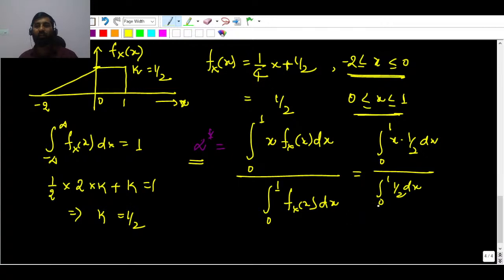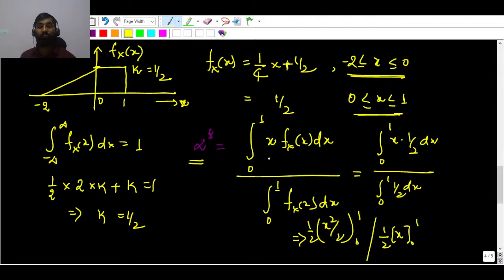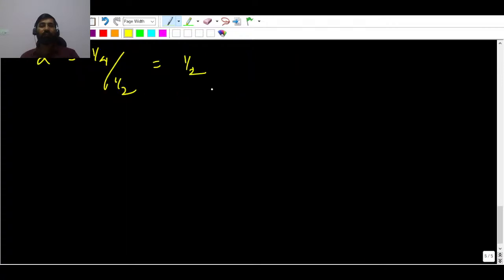If you compute this, you will get x square by 2, 1 by 2, from 0 to 1, because if you integrate x, you get x square by 2, which is 1 by 2, and this is 1 by 2, right? So 1 by 4 divided by 1 by 2, that is 1 by 2.